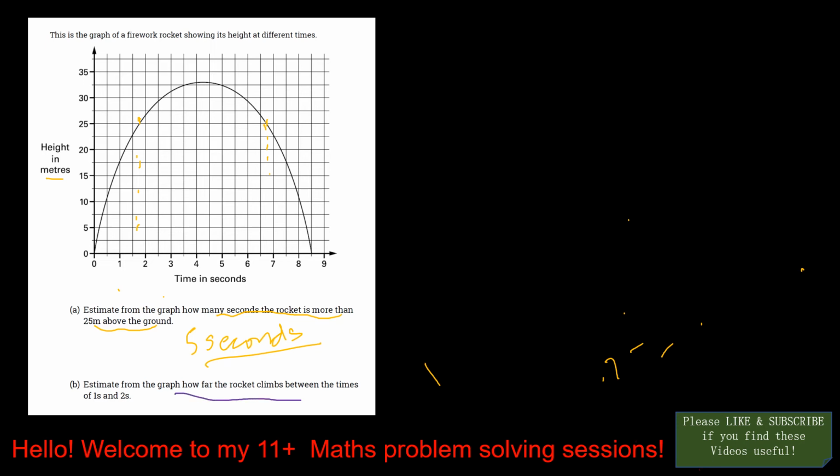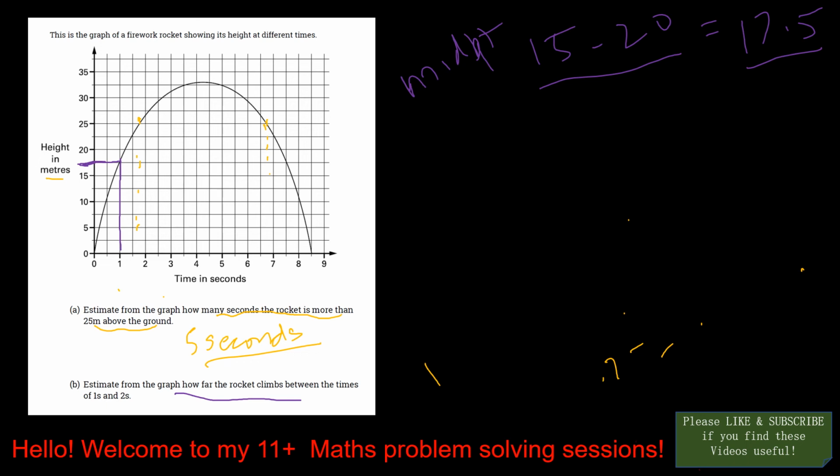Where is 1 second? 1 second is here. Between 15 and 20, the midpoint is 17.5.